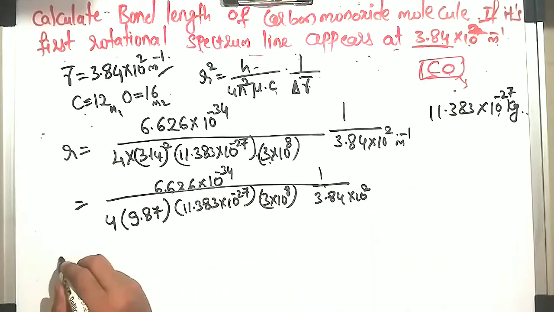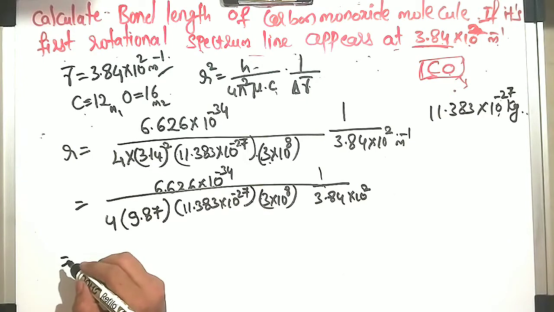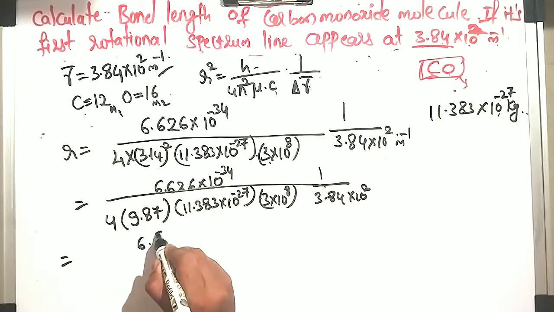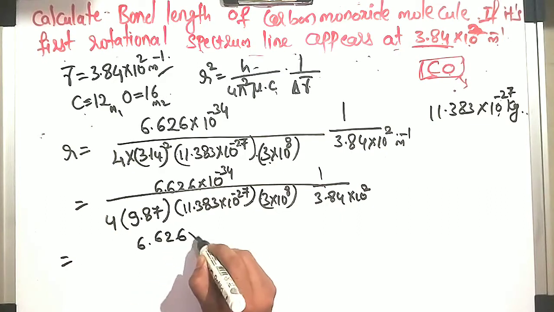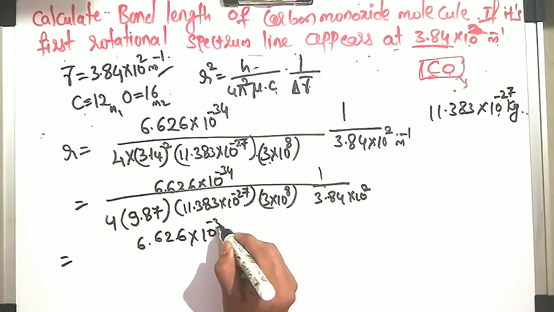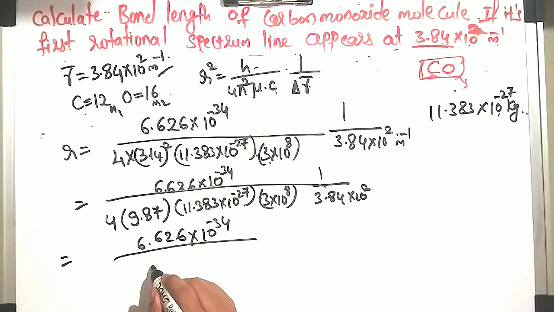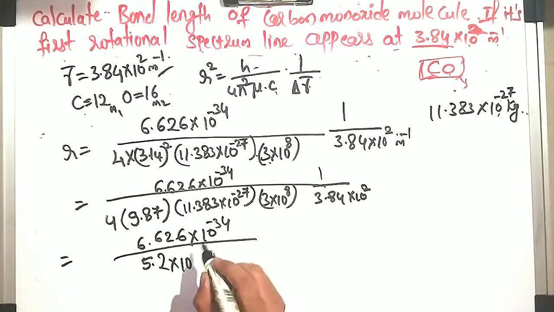So next step is 6.626 into 10 to the power of minus 34 divided by, the whole term we will get as 5.2 into 10 to the power of minus 40.